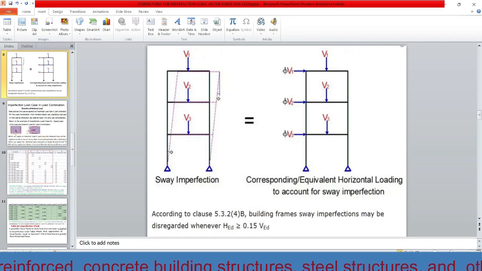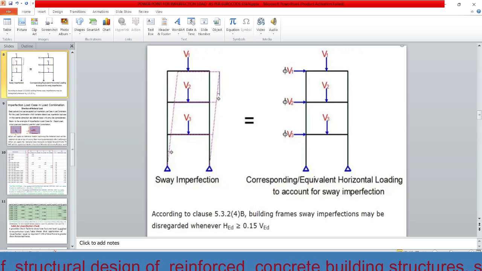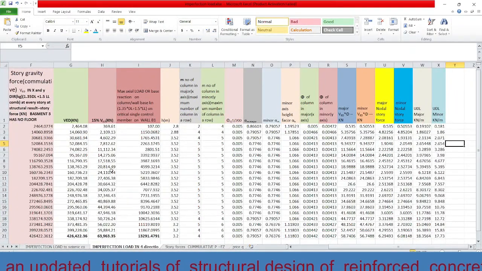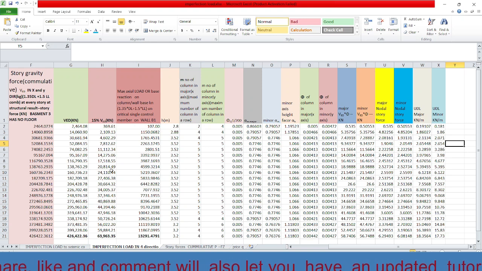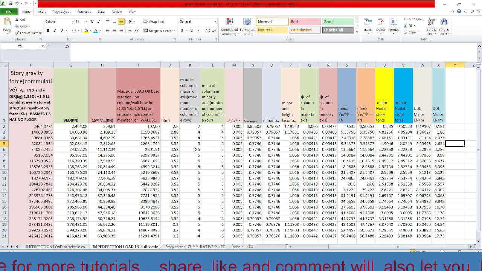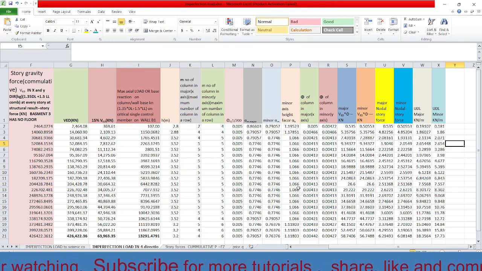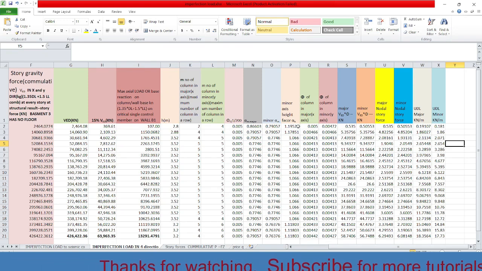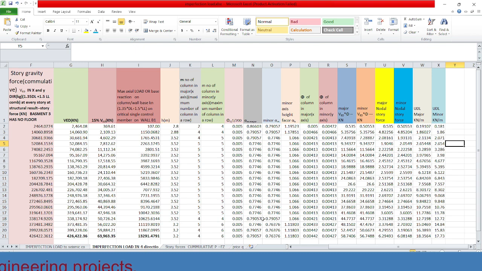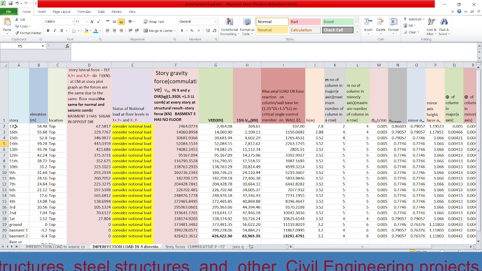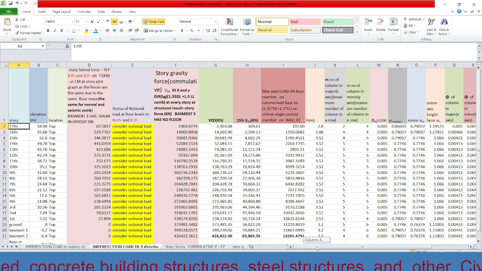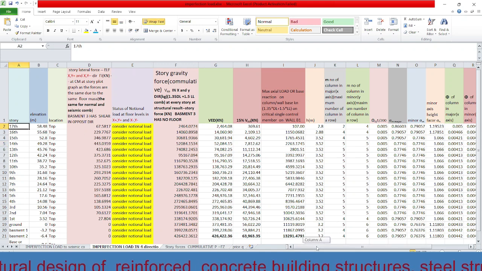So here I have the spreadsheet which I have already prepared for the detailed analysis of the imperfection load for this building. Here I have the 20-story building data.